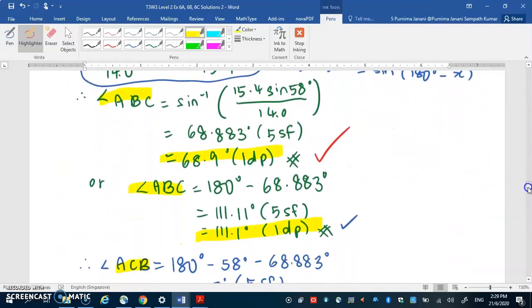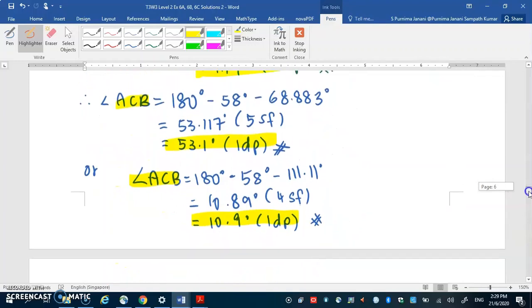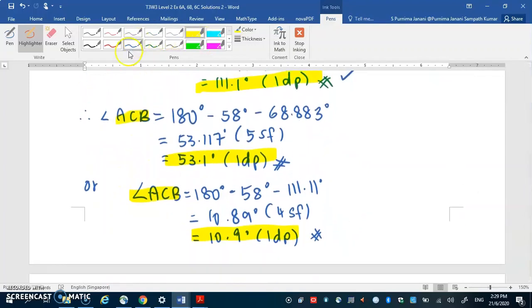And because for ABC there are two possibilities, the other angle ACB will also have two possibilities. So ACB, as I found out, you take 180 minus 58 minus 68.883, and then you find that angle ACB could be 53.1.